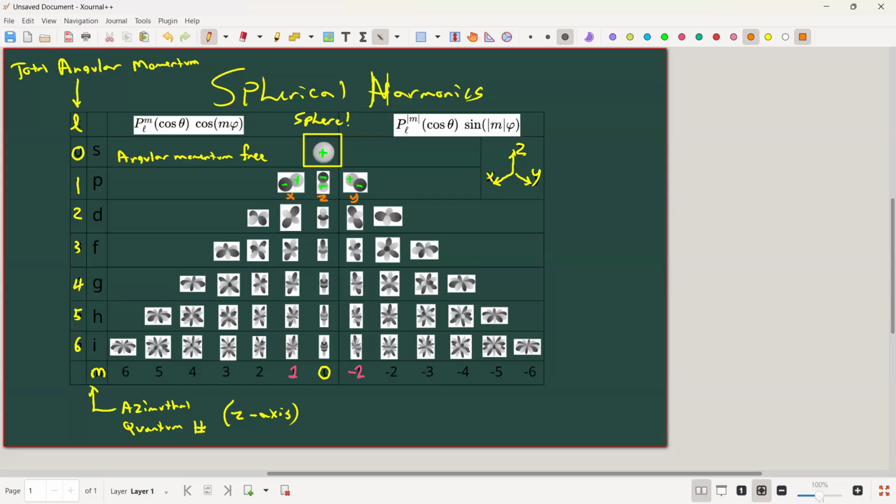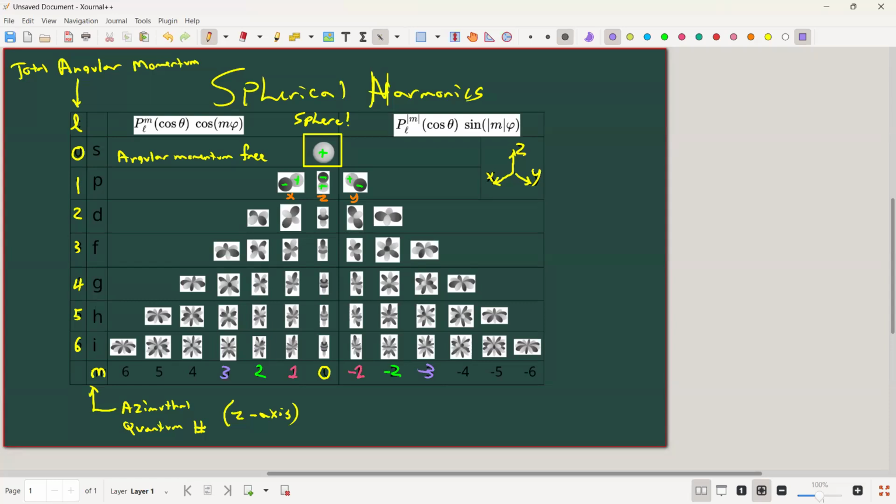And then as you increase L, there are more and more choices and they get more and more complicated. For L equals 2, we have 5. For L equals 3, we have 7, and so on and so forth. We give these names in chemistry.